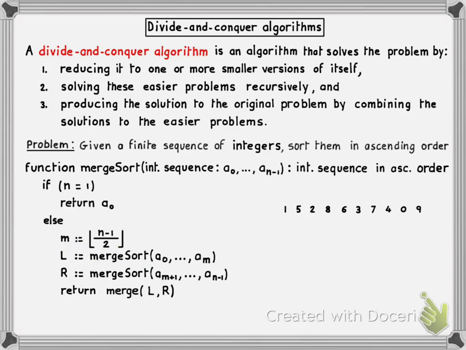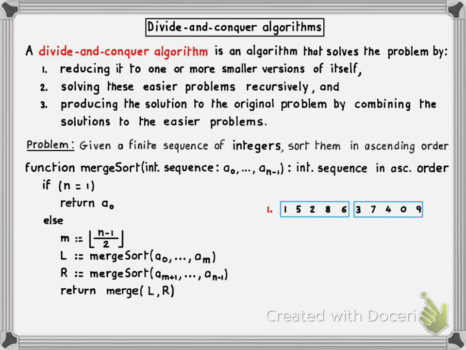So m is the index of approximately the middle element. In this case, n is equal to 10, (n minus 1) over 2, rounded down, is 4, and so the index 4 in the sequence is this element here. So this divide step ends up splitting the sequence into two subsequences as follows.